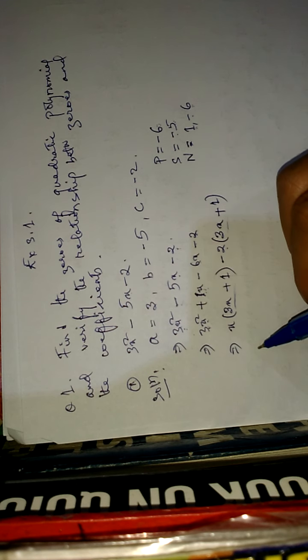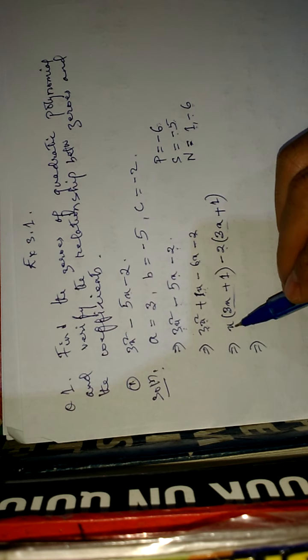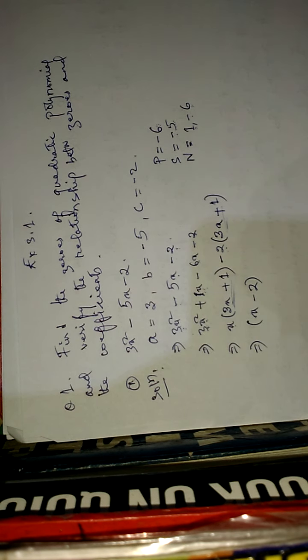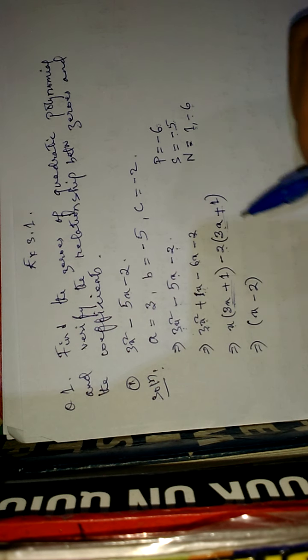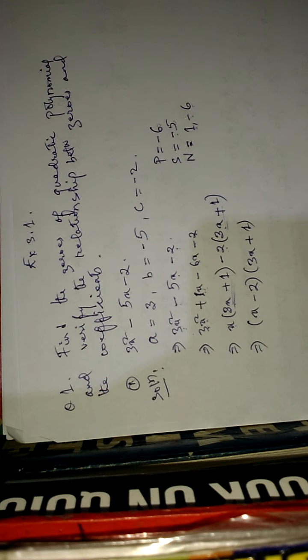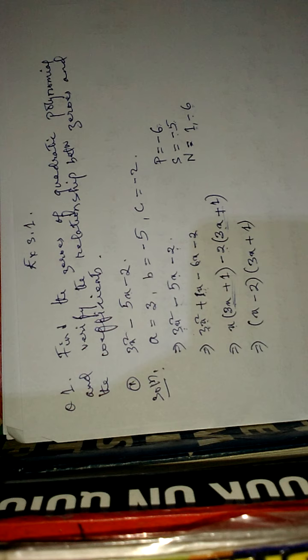Okay, then it means there should be two values for x. Let's write either x minus 2 equals 0 or 3x plus 1 equals 0.